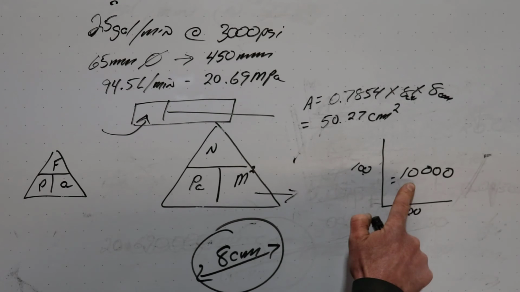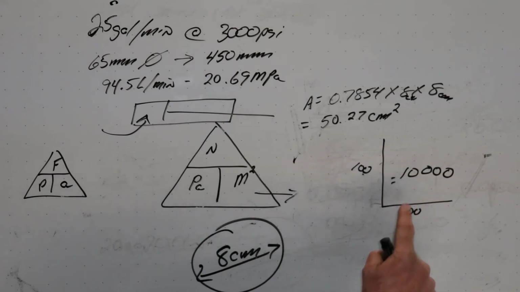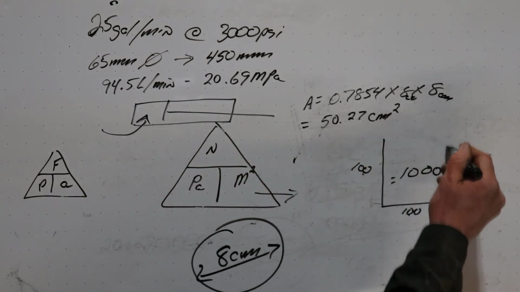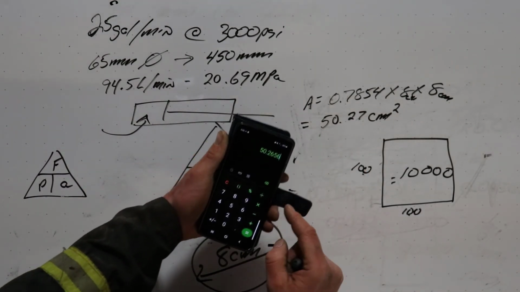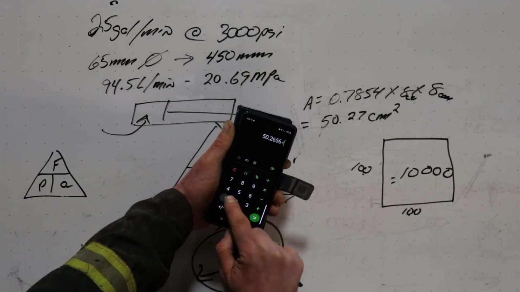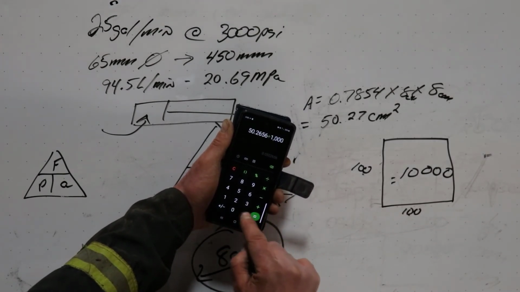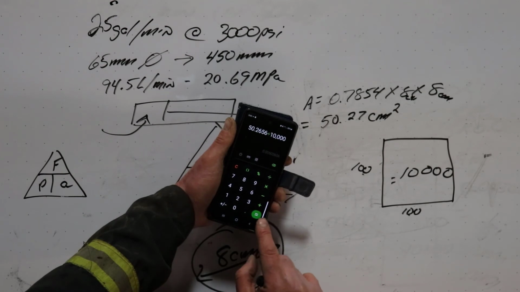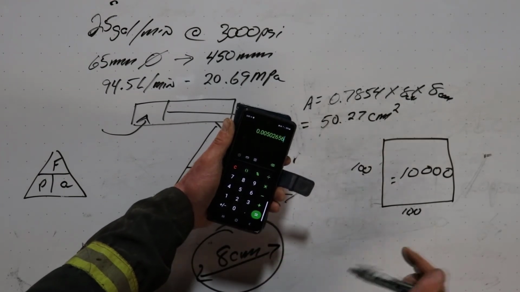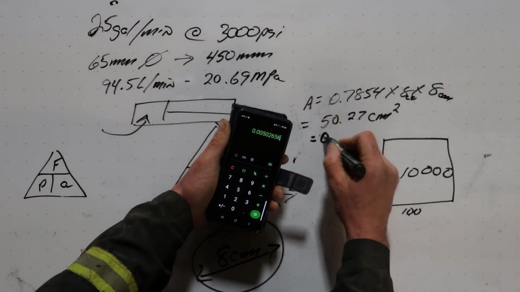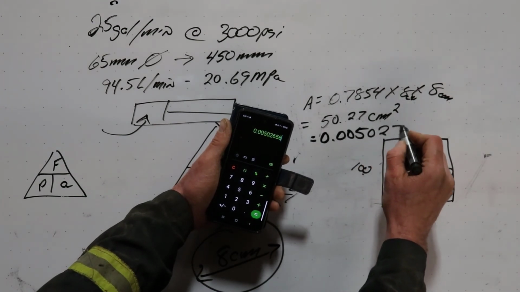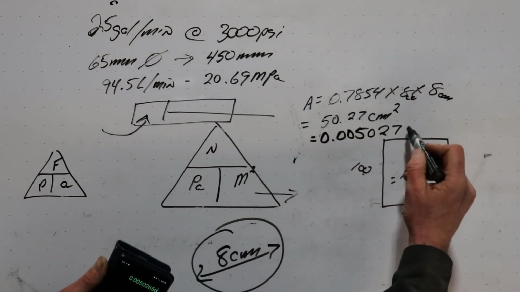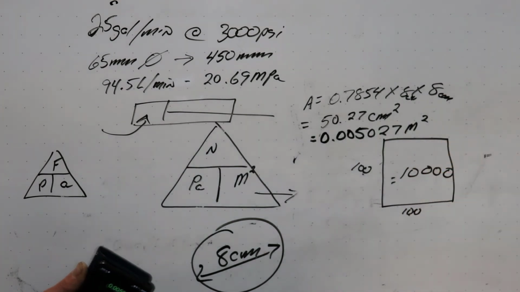So there's 10,000 centimeters squared in every meter squared. So all I've got to do is divide this number by 10,000. See, I almost made the mistake there of only doing 1,000, which equals 0.005027. Looks pretty good. Meters squared.